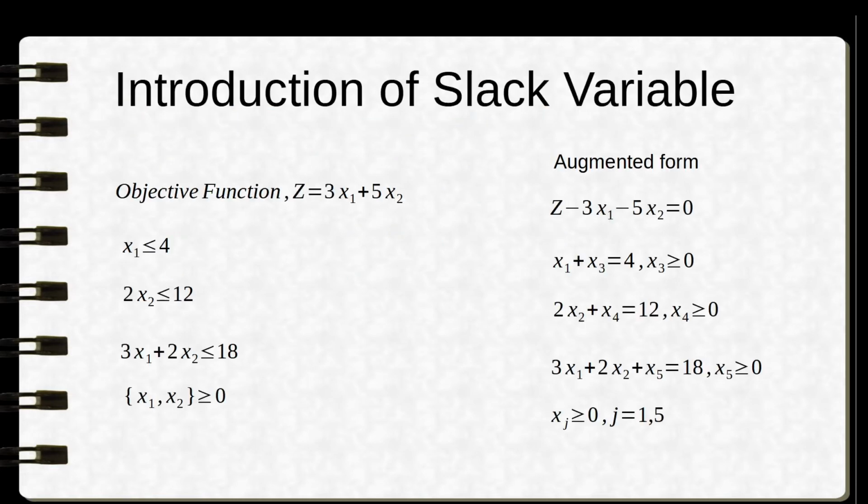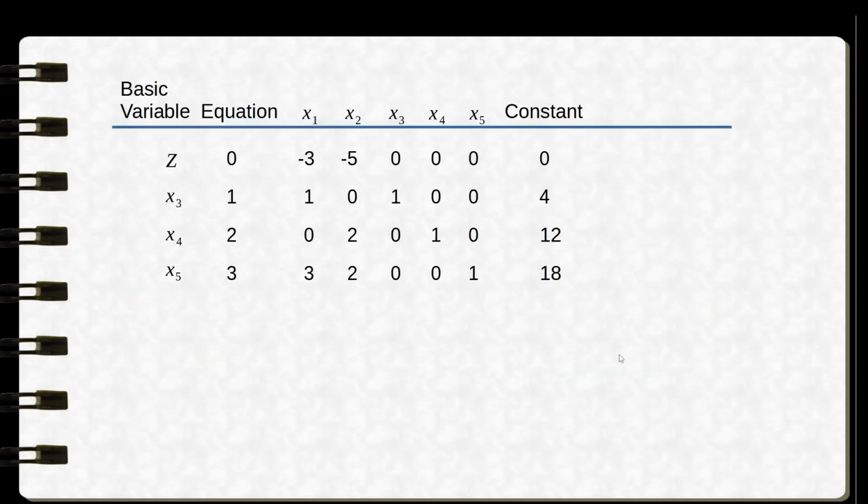What we also do is look at the augmented form, note down the coefficients of the variables in each and every equation, and write them down. So here we are. The basic variables are z, x3, x4 and x5. The equations that we have are 0, 1, 2, 3, where 0 is the equation number for the objective function.